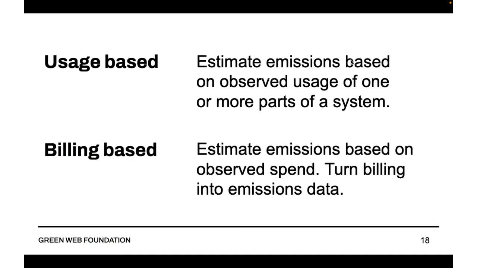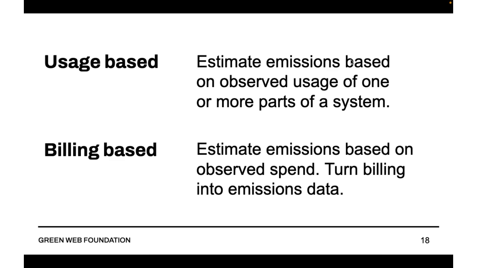The other thing to bear in mind is that when you're trying to understand the environmental impact of digital services, there are two main buckets of tools. There's usage-based stuff, which will look at things that can be observed by your system, and use that to convert into, say, carbon figures. And there's billing-based figures, which look at, as you'd imagine, the bill, and turn that into emissions data.